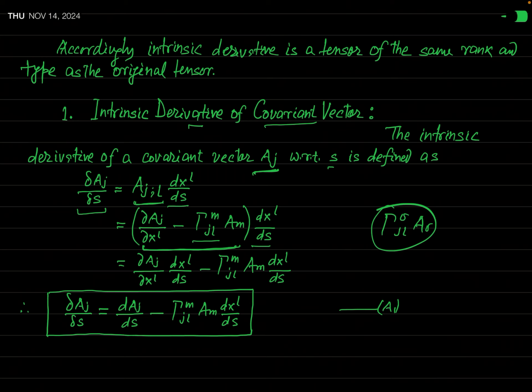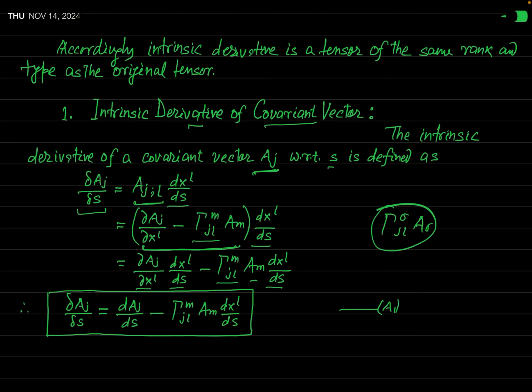Now let us multiply the terms inside this bracket by this dxl by ds. So this will be del aj by del xl times dxl by ds minus this Christoffel symbol times am dxl by ds.